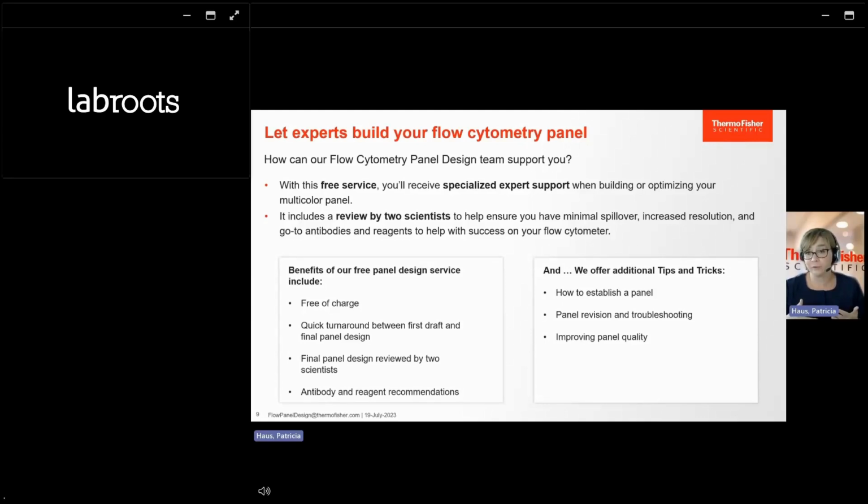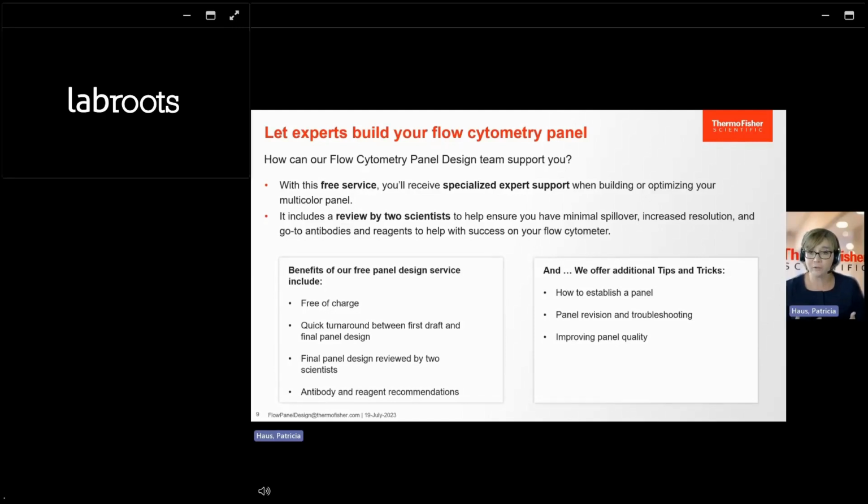And after we get all the necessary information, let me repeat it here one more time: instrument configuration, what you want to do, what antibodies you already have in the lab, and the antibodies we should consider putting into our panel. If you have all this necessary information, you will receive a first panel draft within 72 hours.